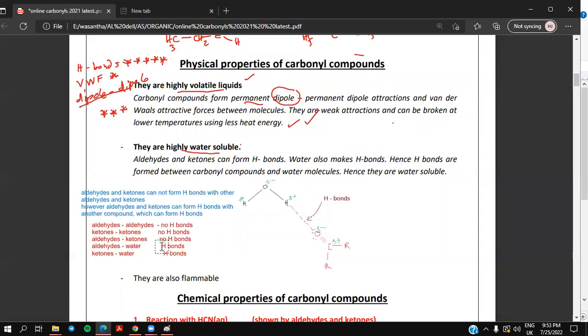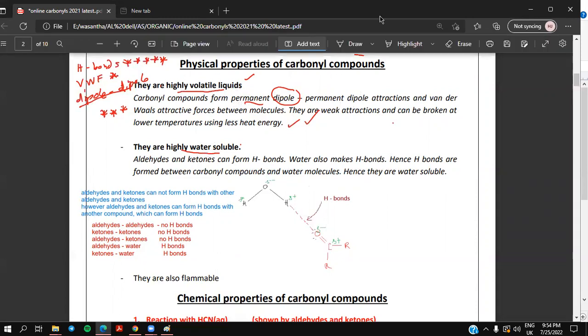Hence, hydrogen bonds are formed between carbonyl compounds and water molecules. Hence, they are water soluble. I think this is a clear idea to explain two of the most important properties of aldehydes and ketones. One is highly volatile liquid. The other one is water soluble.